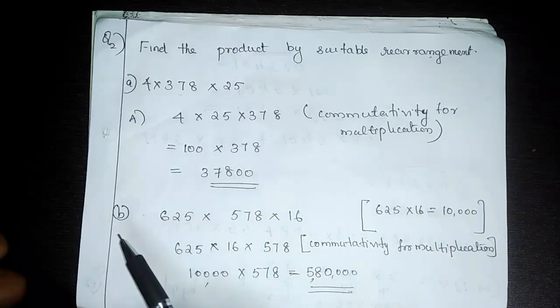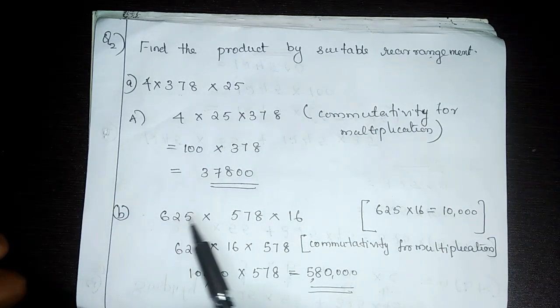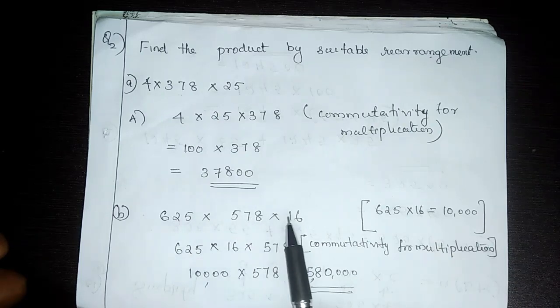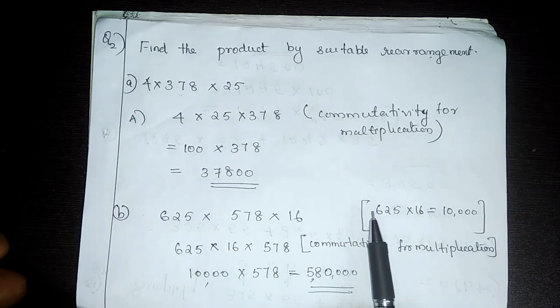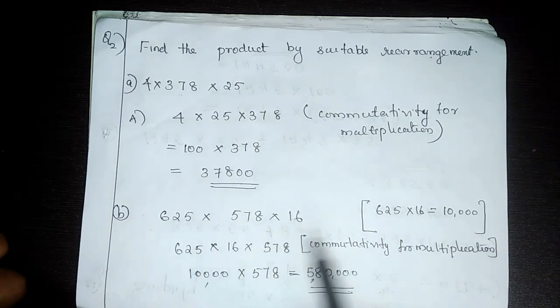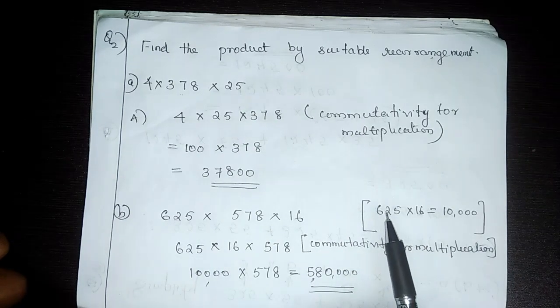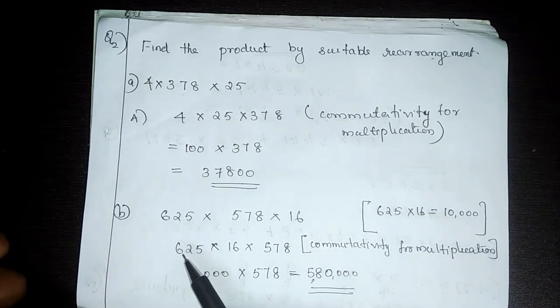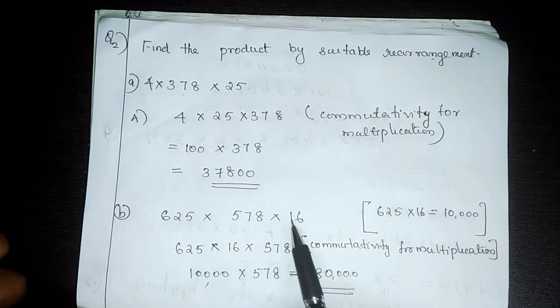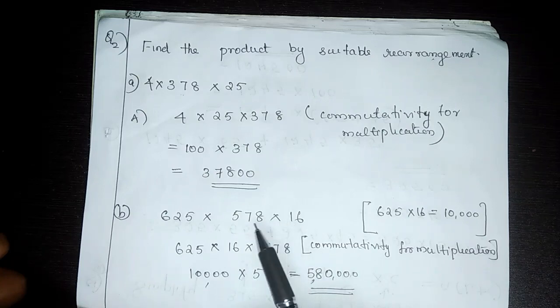Okay. Next, 625 into 578 into 16. Already we told some multiplication facts you should remember while doing the problem. So 625 into 16 is 10,000. So we wrote 625 into 16 together, but unknowingly we used the property commutativity. 578 into 16 became 16 into 578.